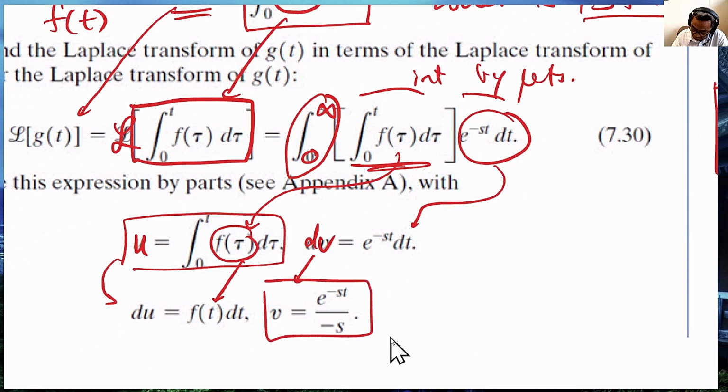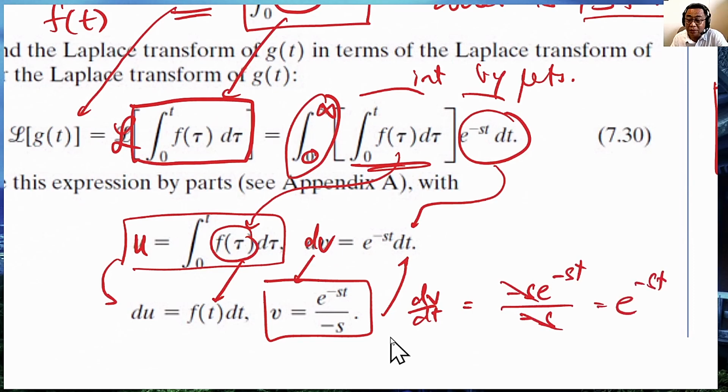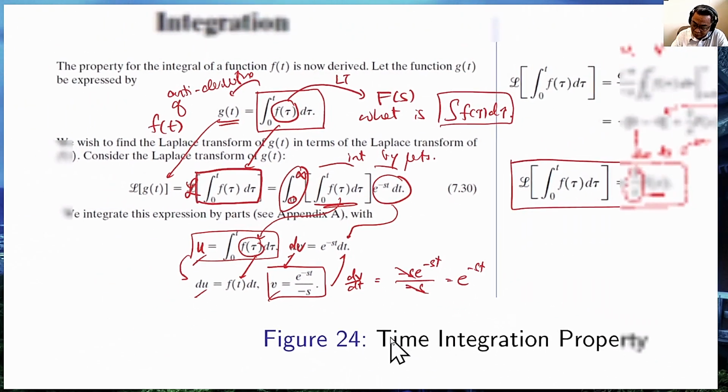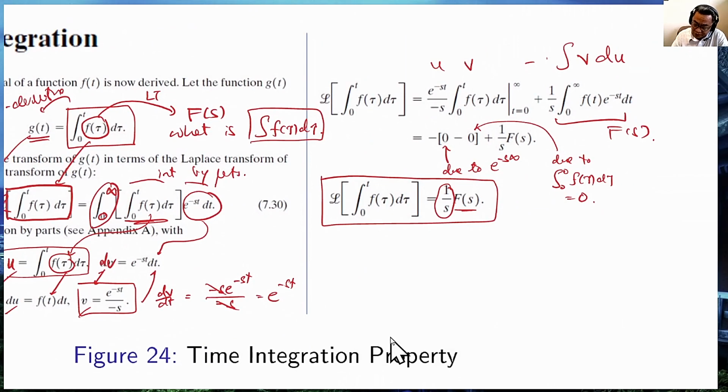If you do not believe me, all you need to do is differentiate v with respect to t, and you'll get minus s e to the minus st over minus s, and then this cancels, and you get e to the minus st. So we have found what is u and v, du and dv, and we can put it into the equation, which is uv minus integral of v du.